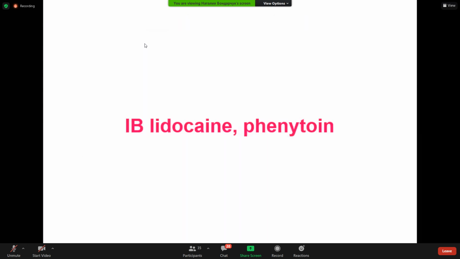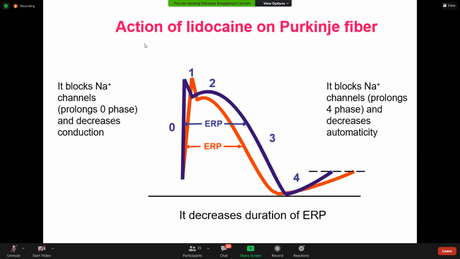Next group of antiarrhythmic drugs also inhibit sodium channels: class 1B, lidocaine, phenytoin. So such groups of drugs, according to their mechanism of action, block sodium channels. So they decrease conduction.